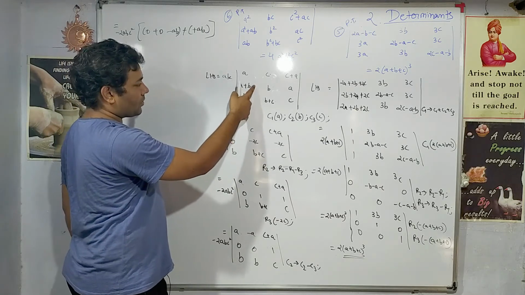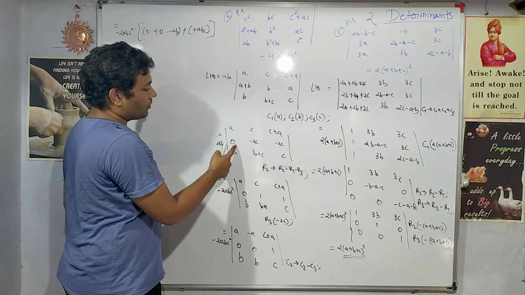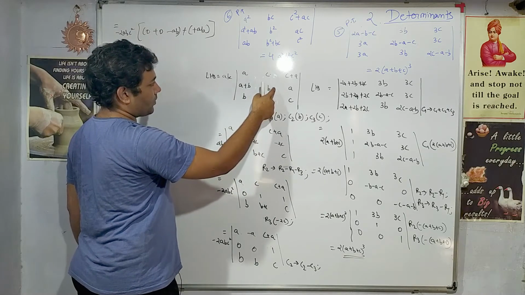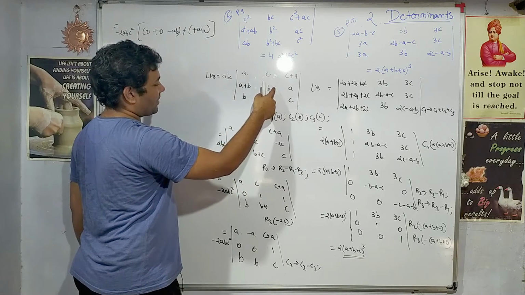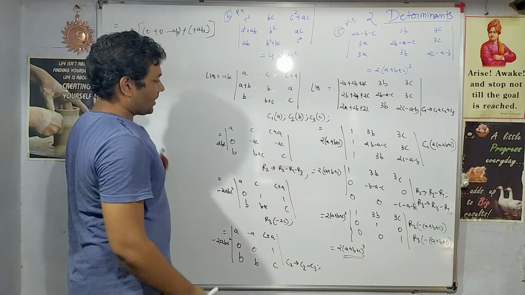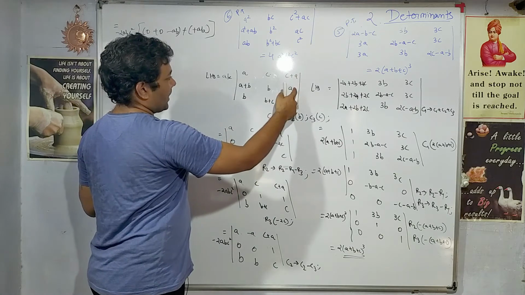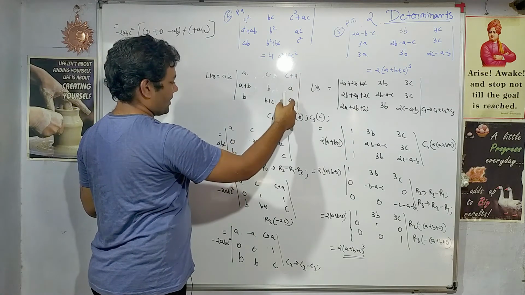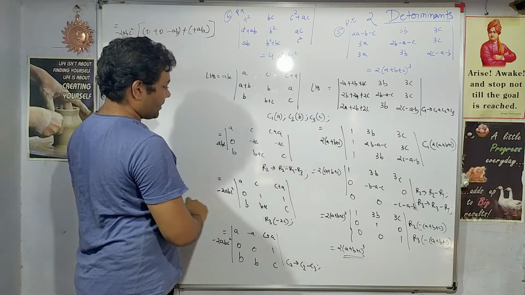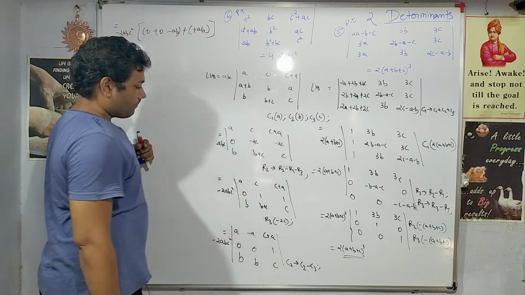This one if I do subtraction here, B will get cancelled, I will get 0. C if I do subtraction here, and this one if I do subtraction here, so minus C will make minus 2C, and B will get cancelled, correct? If I do the subtraction here, A will get cancelled, minus C and minus C, minus 2C it will make. So from here I got the minus 2C common, 0, 1, 1.